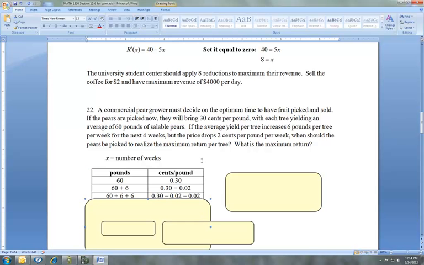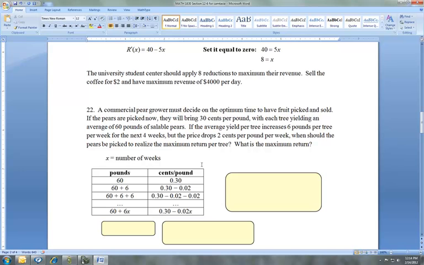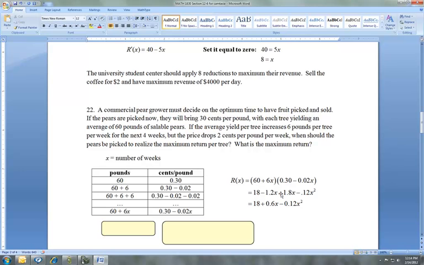So let's see if that's what I've got. Okay, so my revenue would be that times that. FOIL it out, simplify. Parabola concave down, we're going to be finding the maximum.